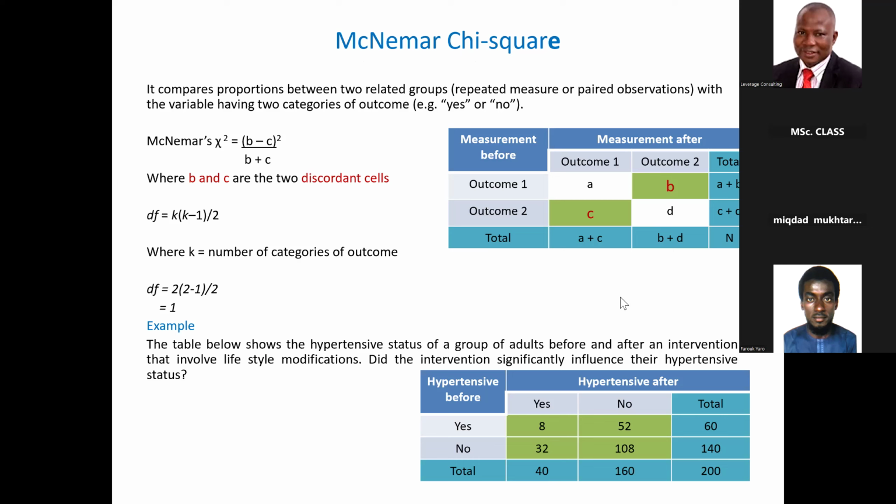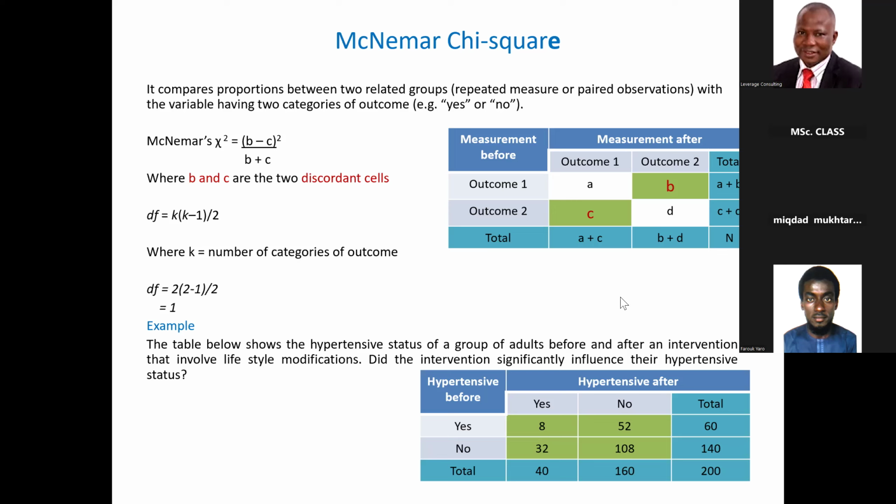If you look at the example below, the table shows the hypertensive status of a group of adults before and after an intervention that involved lifestyle modification. Did the intervention significantly influence the hypertensive status? Now, you will see that 200 people are involved.